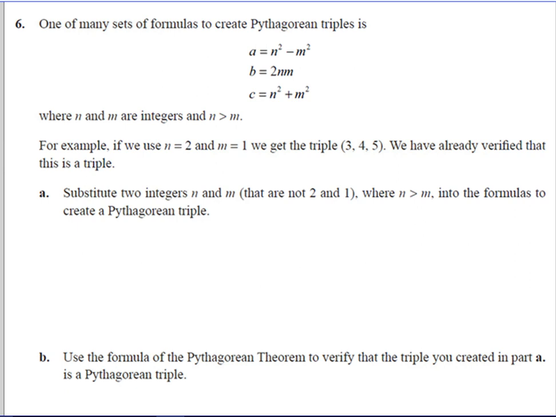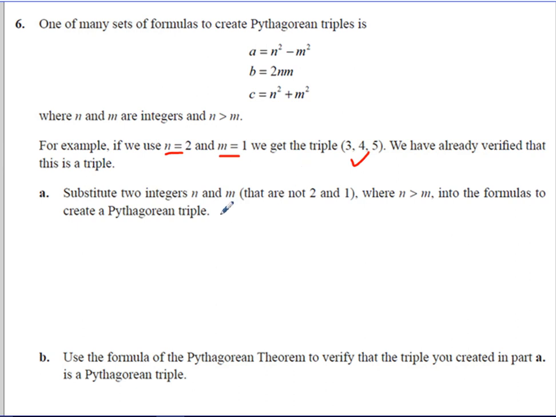B is 2 times their product, so 2 times n times m, and C would be the sum of their squares, n squared plus m squared. So if they use the example of n equals 2 and m equals 1, that's where we would get our 3, 4, 5. And so they want us to come up with different numbers.